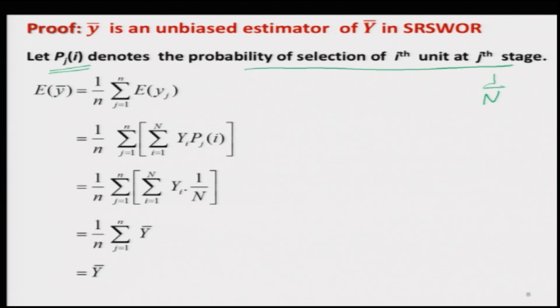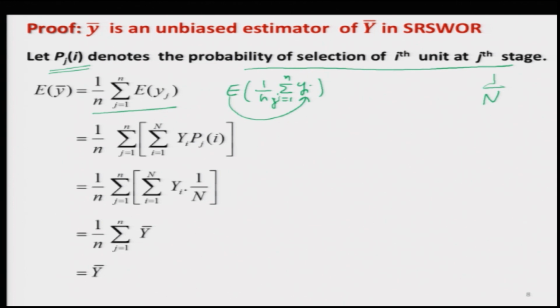Now, once I try to find the expected value of y bar, the expected value of y bar can be written as 1 upon n summation i goes from 1 to n yi, and then I can take the expectation operator inside and write 1 upon n summation j goes from 1 to n expected value of yj, right.